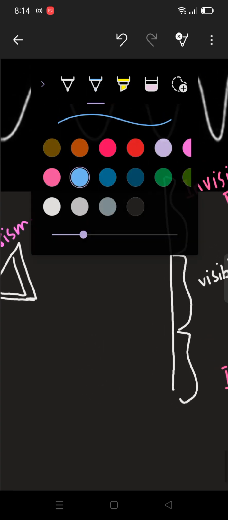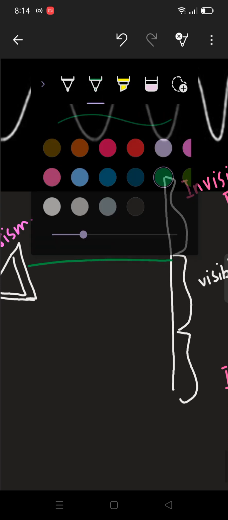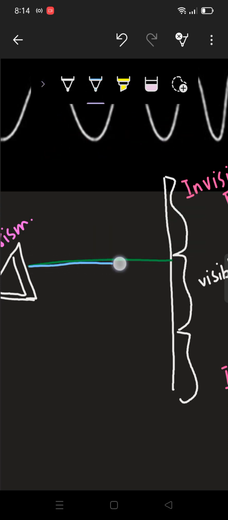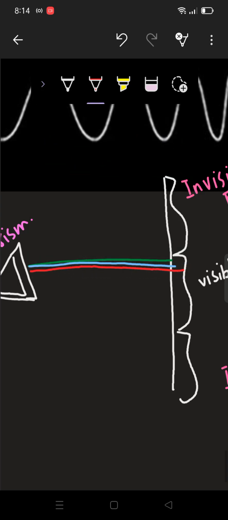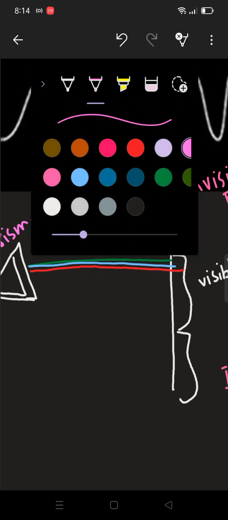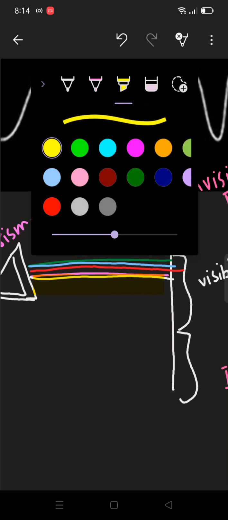It splits into its 7 constituent colors, which are visible, right?